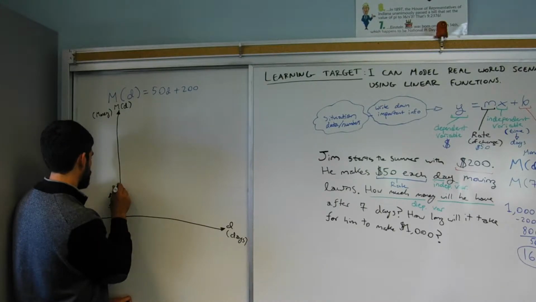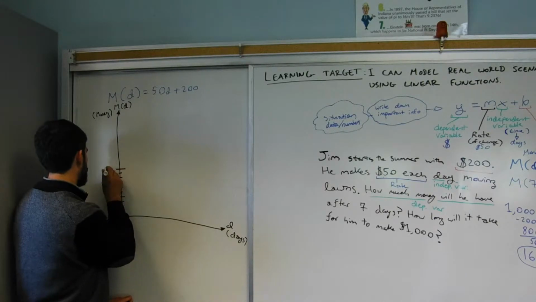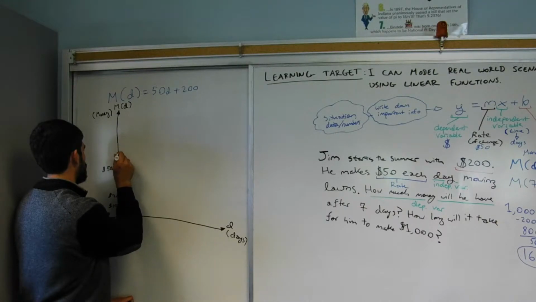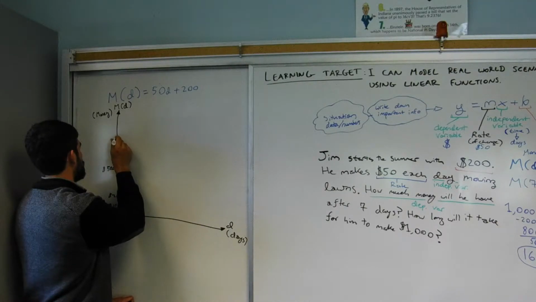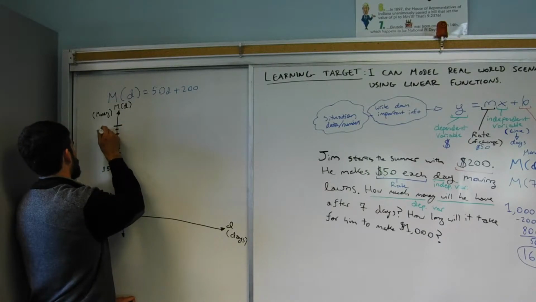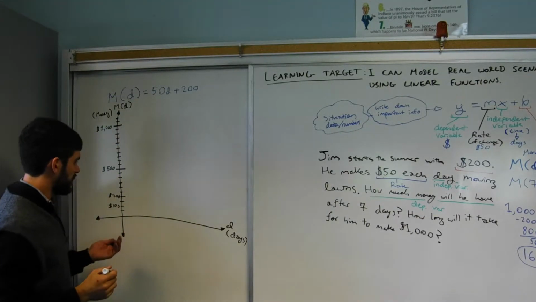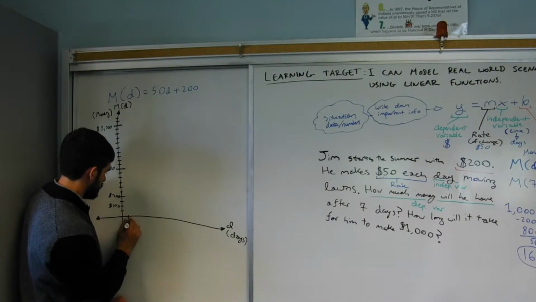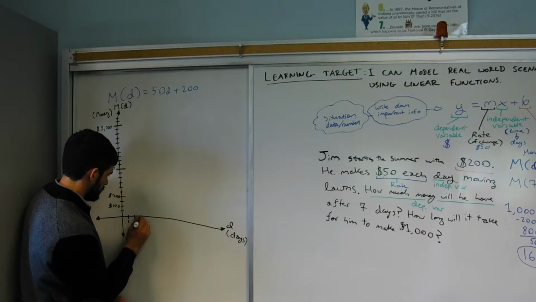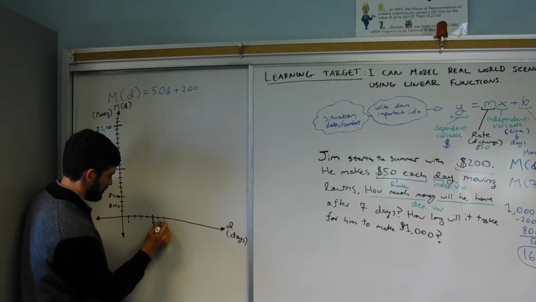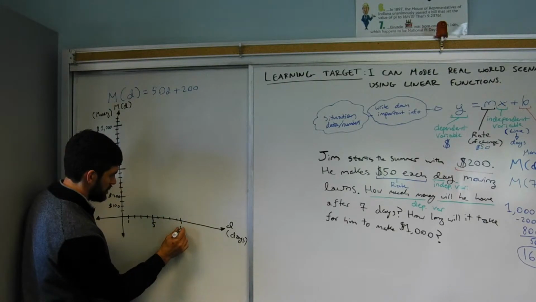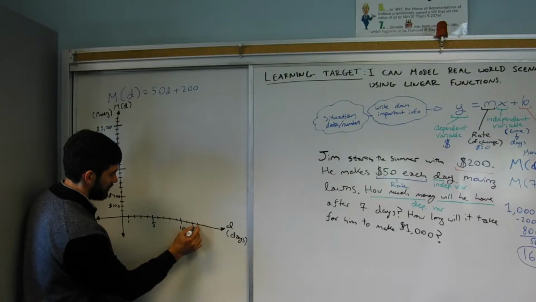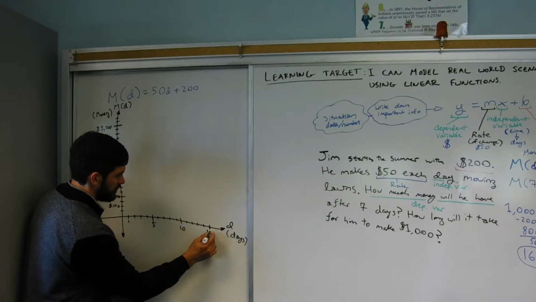So that would be 300, 400, 500, 600, 700, 800, 900, 1,000, and then we keep going. And our days, we can just do it by one day. So we can do 1, 2, 3, 4, 5, 6, 7, 8, 9, 10, 11, 12, 13, 14, 15.